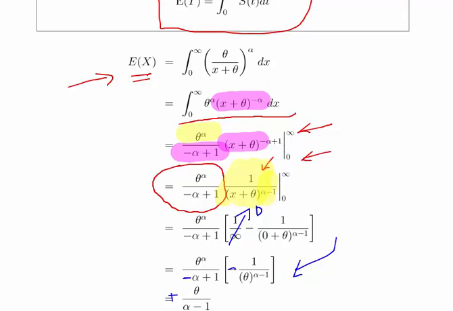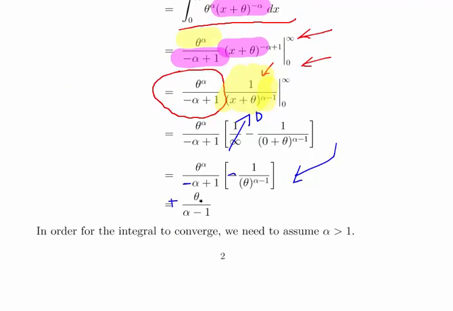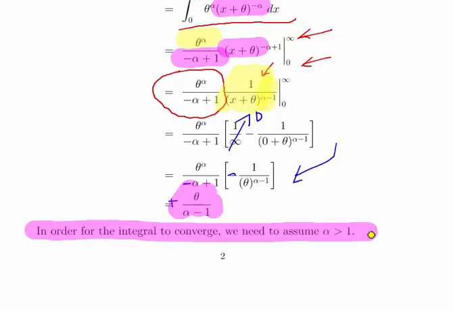When we divide them out, we end up with theta divided by alpha minus 1, and that's essentially what we're asked to do. In order for this integral to converge, we assume that alpha is greater than 1, but there are multiple ways we can explain it. I've done it already, so we can leave it there.